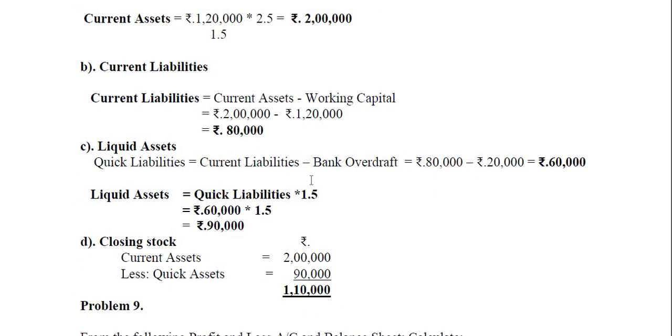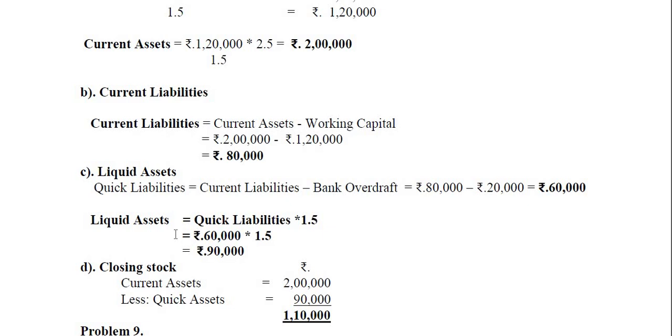So current liabilities minus bank overdraft, you will get quick liabilities. So quick liabilities are 60,000.